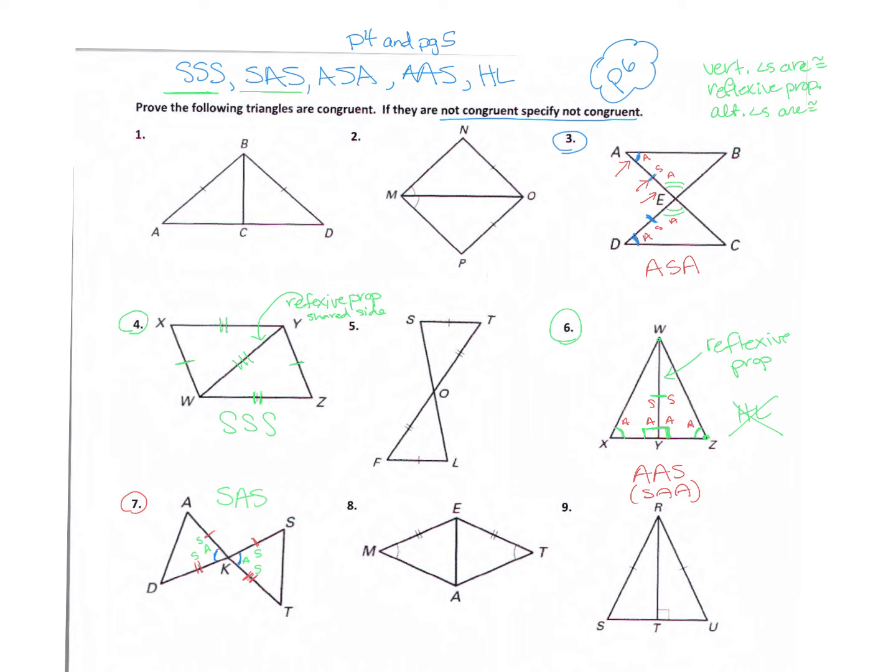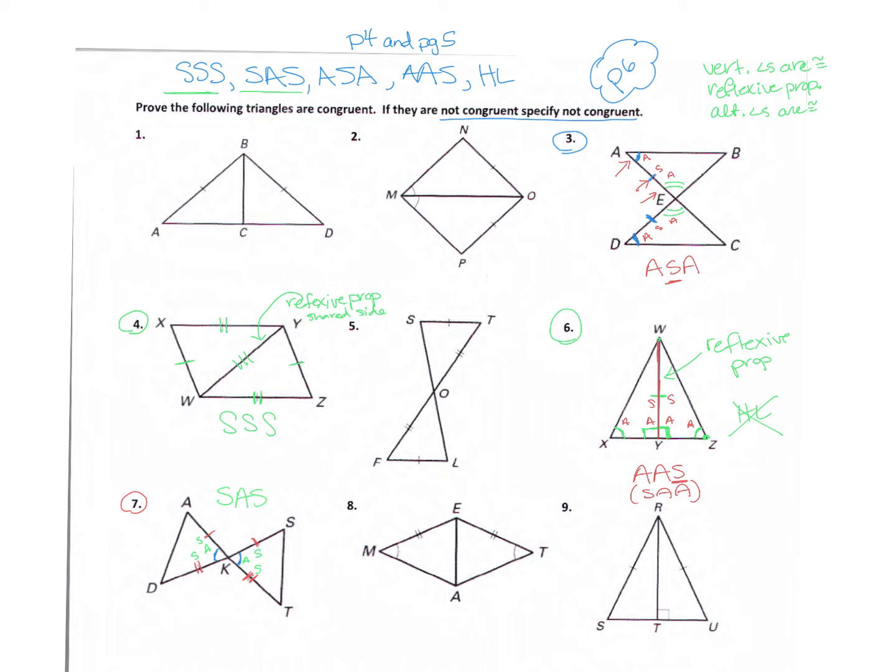That's fine. Notice the S is not in between the 2 A's. Up here, my S was in the middle because my side was in the middle of the 2 angles. On this one, my side, the one that's congruent, is not in between the 2 green angles.